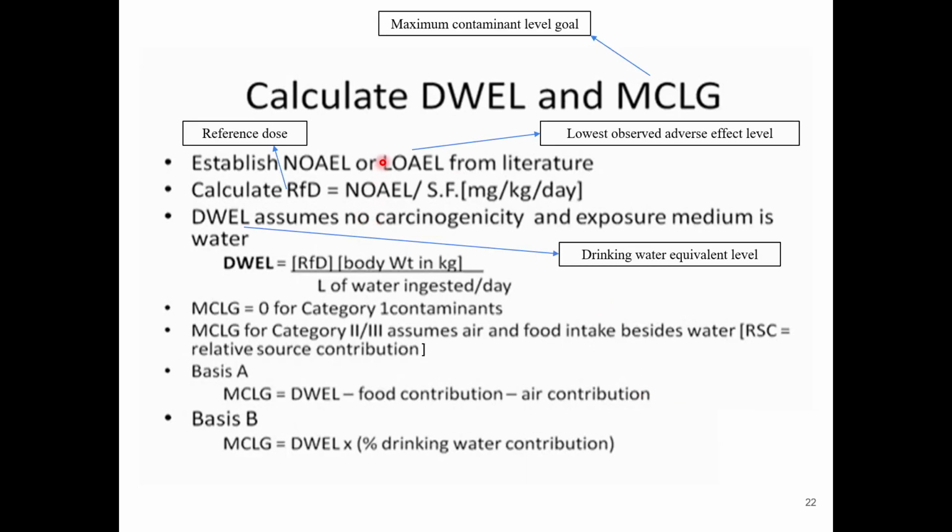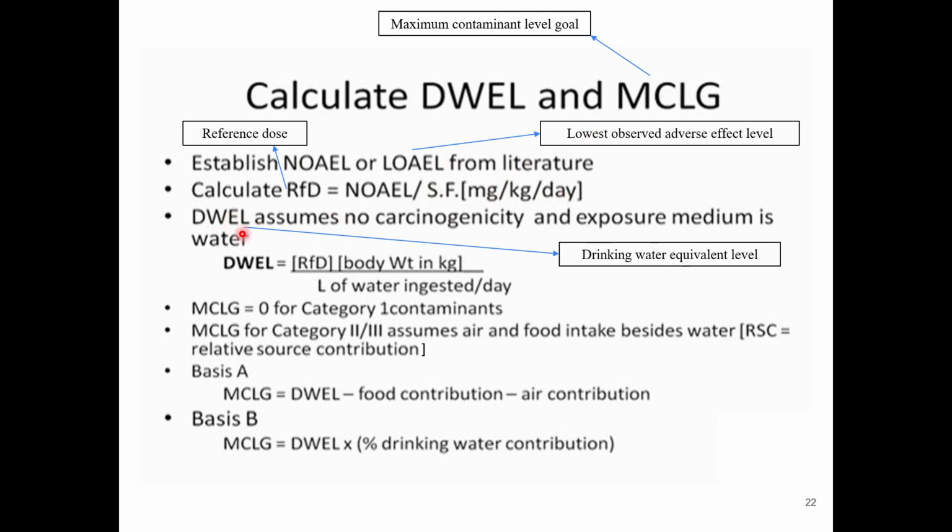So how to calculate the DWEL and MCLG basically? Establish the NOAEL or LOAEL from literature. So we have to find these values from literature. Then we have to calculate the RfD, or reference dose, which is equal to NOAEL divided by the uncertainty factor. So NOAEL, the no observed adverse effect level, is divided by the factor, and we get the reference dose in milligram per kg per day.